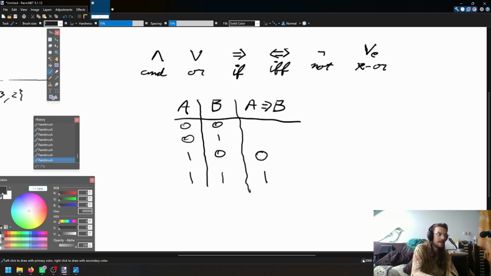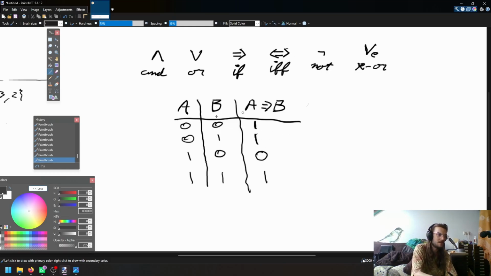If A is false and B is false, it gives us no new information, because that's not what this symbol is used for. We don't care about what happens when A is false, but we just return true because we don't want any contingencies. We don't want to write down false statements, right? And the same holds for this one, because we just don't care about what this says when A is false. It's interpreted as: assume A is true, then B has to follow from it. So these two we just write down as true because they don't matter so much.